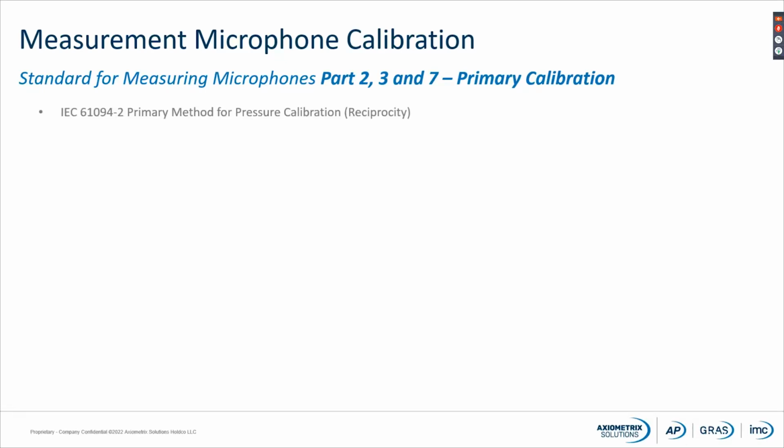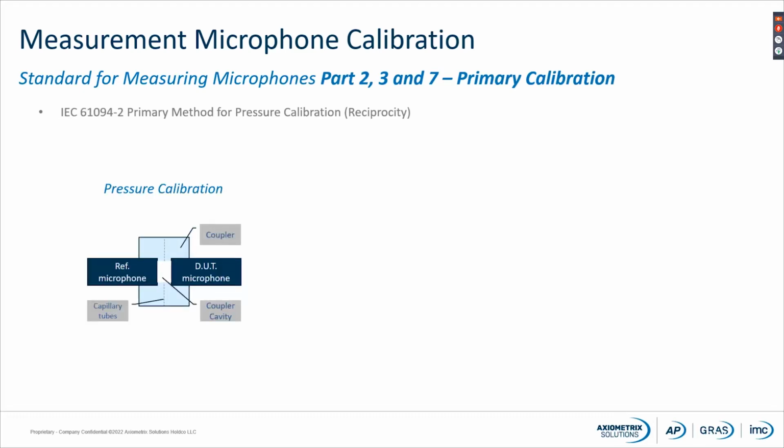If we look at primary calibration, then we actually are talking about the IEC 61094-2, the primary methods for pressure calibration, reciprocity measurement.